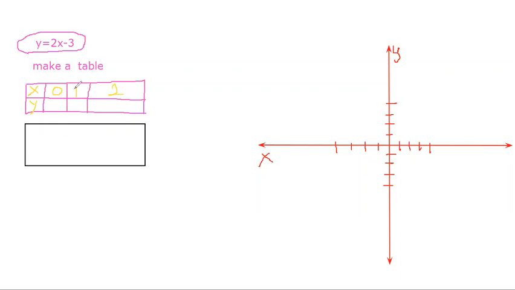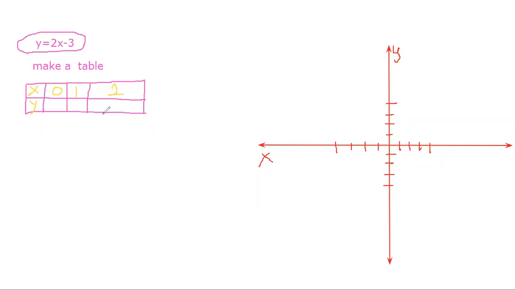Step number 1, make a table, and that includes choosing the numbers. So 0, 1, and 2. I chose these because it's easier for me to solve.